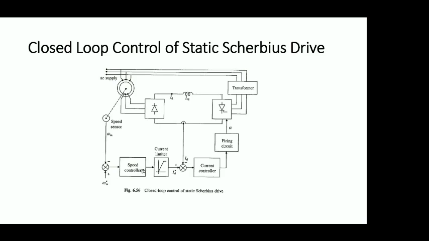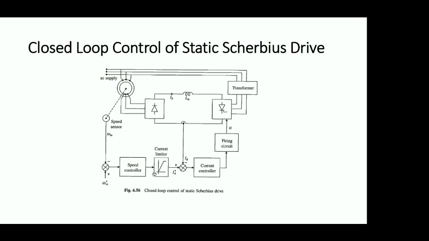So I am just going to give you an idea of the closed loop control. The speed controller will take the error signal, process it, and give a current signal. Like for the speed, if you want to increase the speed, what current should be obtained here? That signal the controller will give. This depends upon the design.